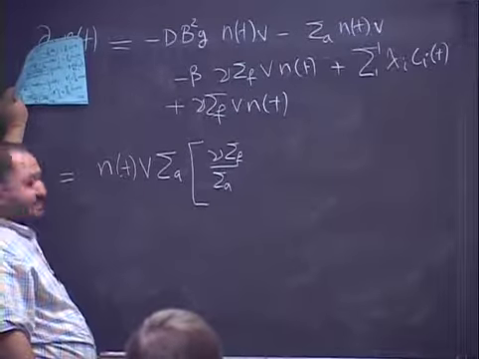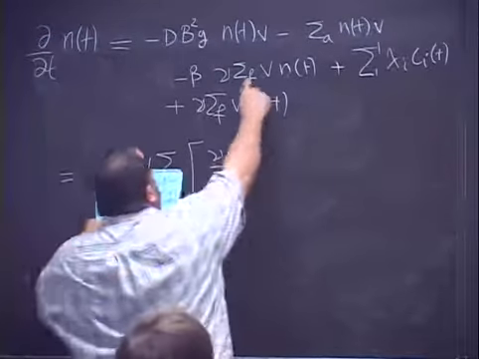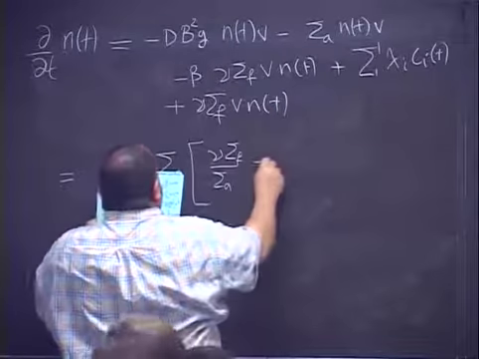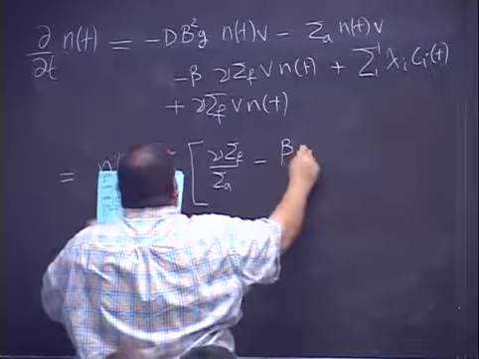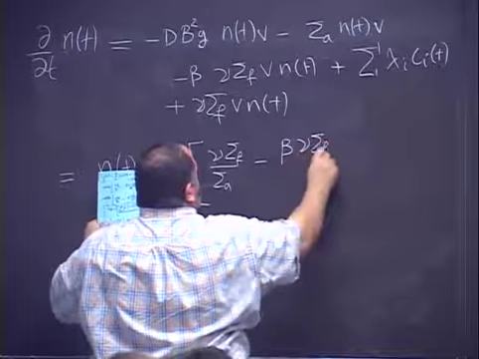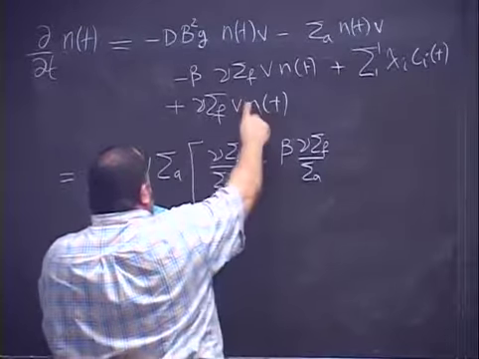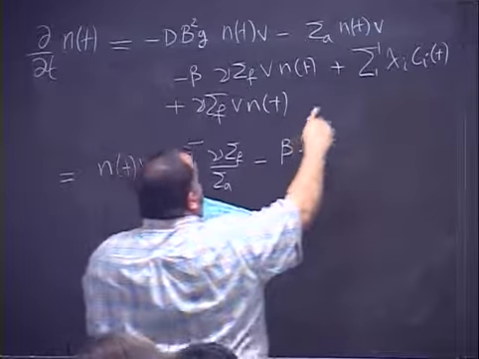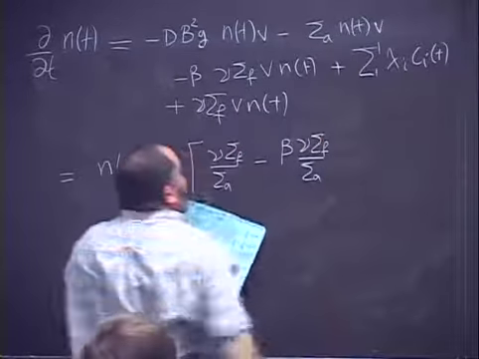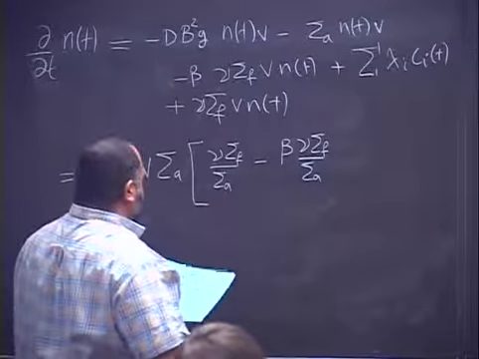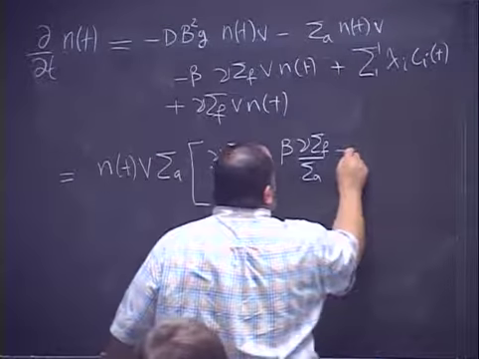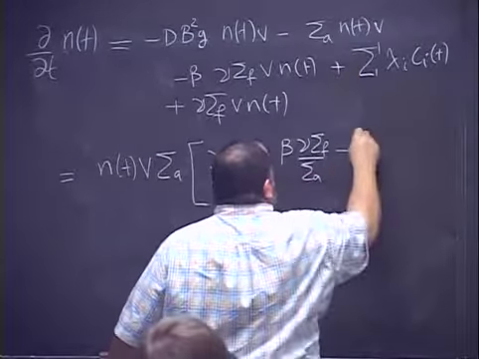And if I take it from this term, this will give me beta nu sigma fission over sigma absorption. And if I take it from this term, it will give me 1.